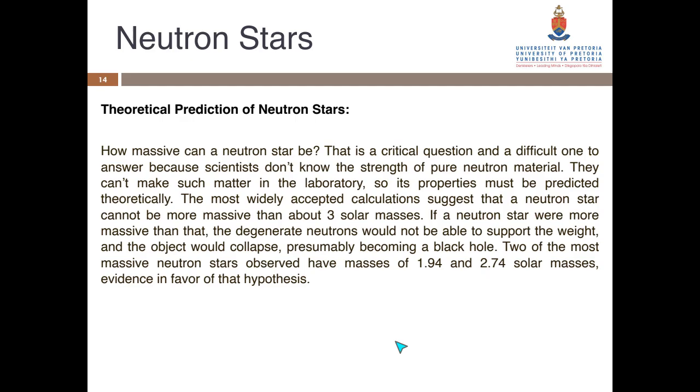If a neutron star were more massive than that, the degenerate neutrons would not be able to support the weight, and the object would collapse, presumably becoming a black hole. Two of the most massive neutron stars observed have masses of 1.94 and 2.74 solar masses, evidence in favor of that hypothesis.